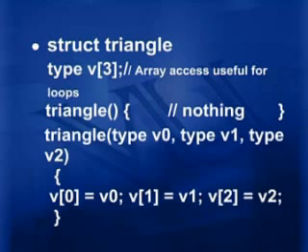So you can clearly see v of 0, the first location of that array, is going to hold v0, the first vertex. V of 1 would be holding v1, the second vertex, and v of 2 would be holding v2, the third and the last vertex of the triangle.